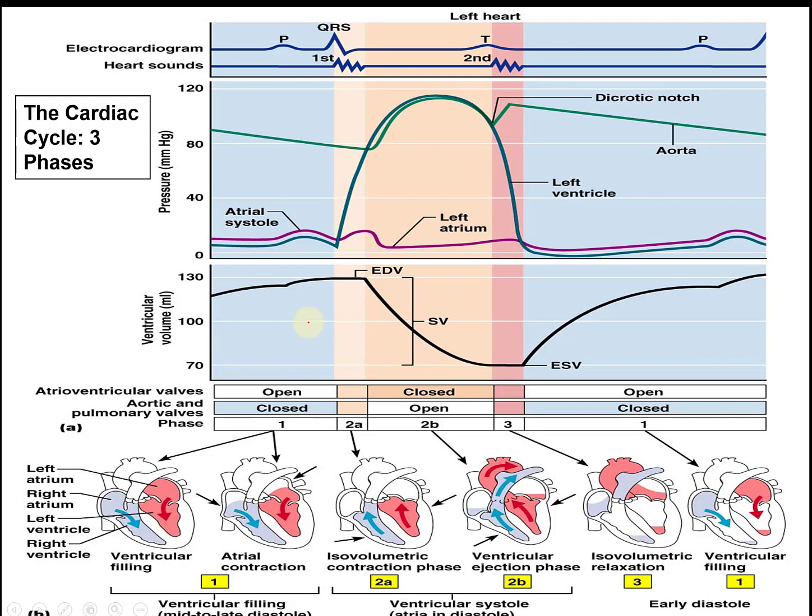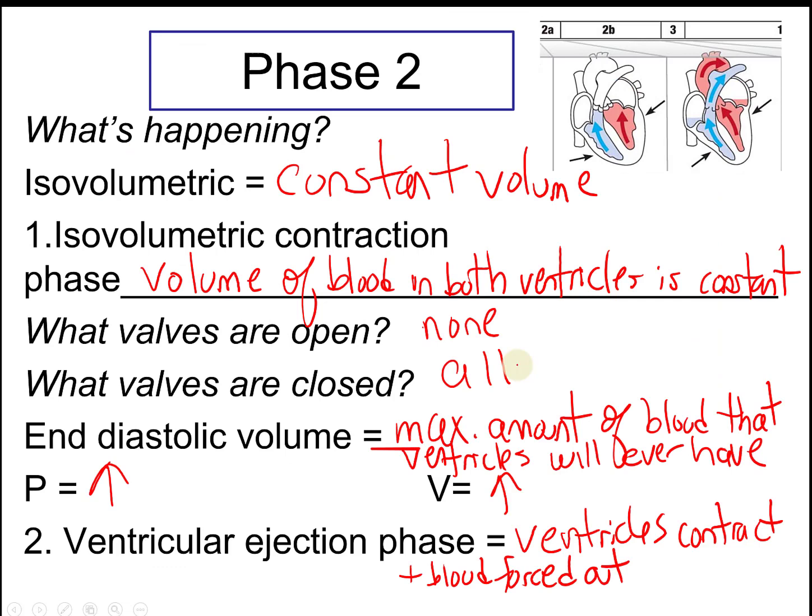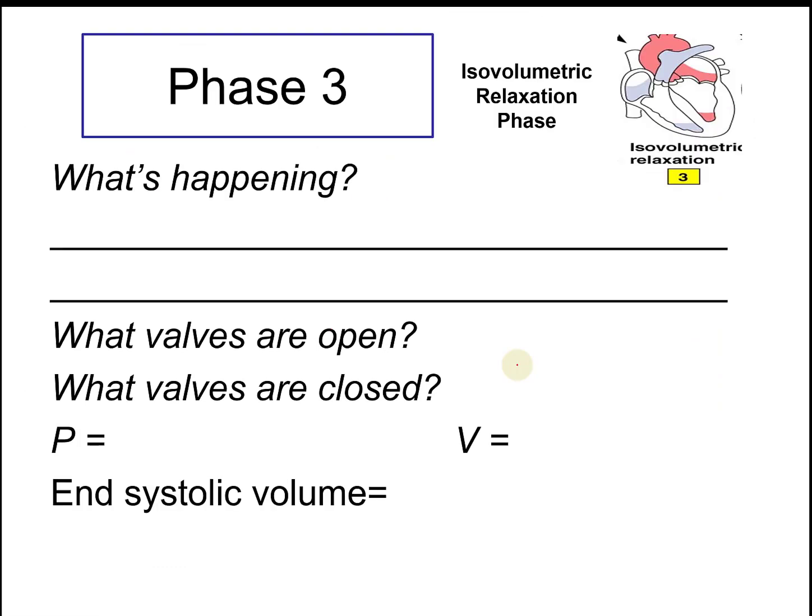And so if we look at the volume here, you'll notice that in phase 3, it's really low. In fact, it's the lowest it will ever be in the whole cardiac cycle. So they call this end systolic volume. So again, in phase 3, the volume of blood in both ventricles is constant again.